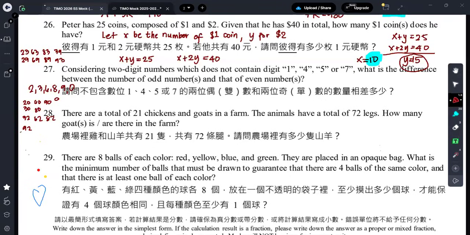There are 38. Okay, so you can list all of them and you will get 38. Then how many odd numbers did we get? 8. So 38 minus 8 equals 30.